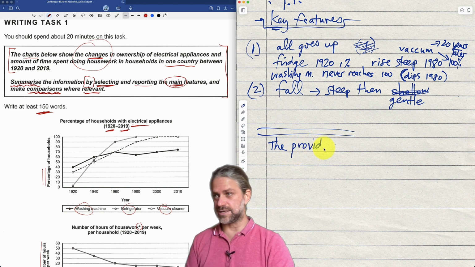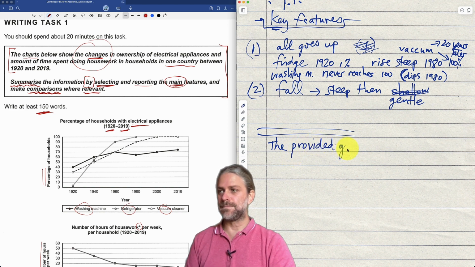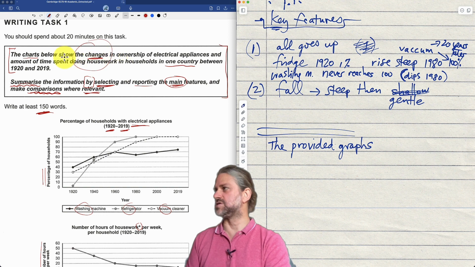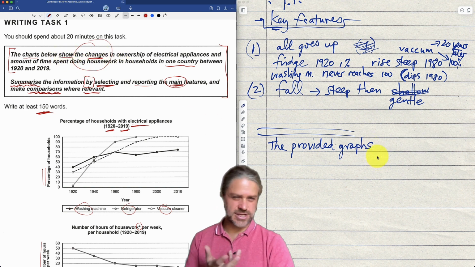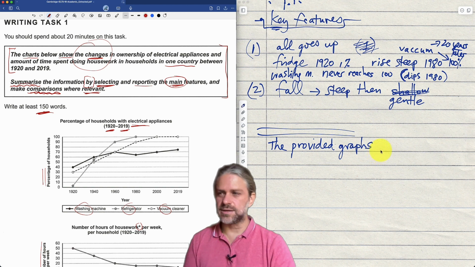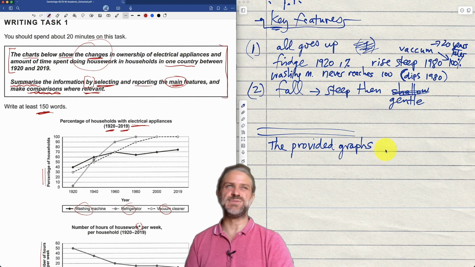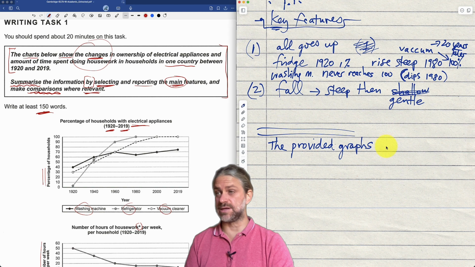Now I've added an adjective, the provided graphs, and then this is the word show. We don't need to change that word. That's the most common way to say it. Demonstrate? No. I think we're just going to keep that word.